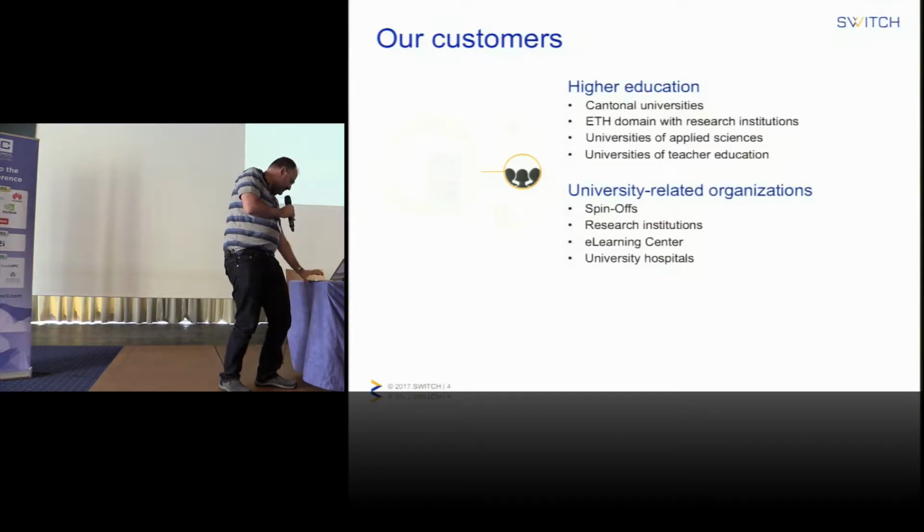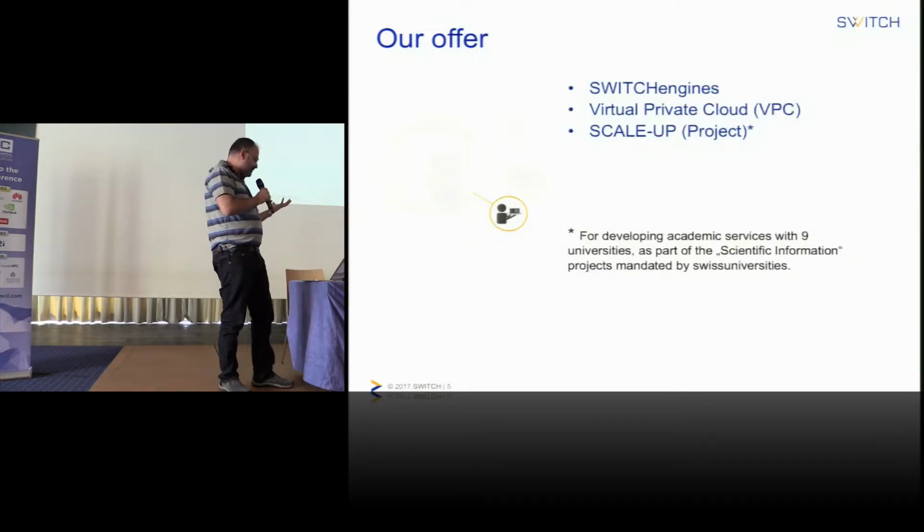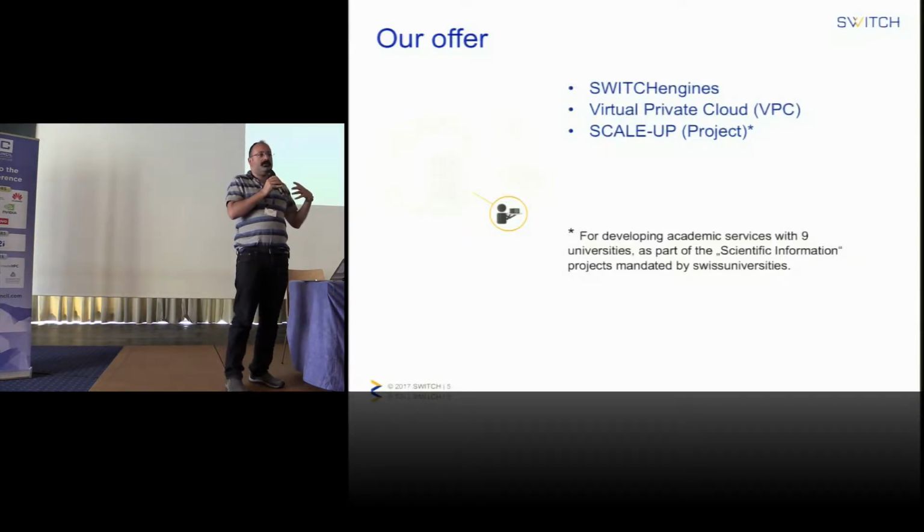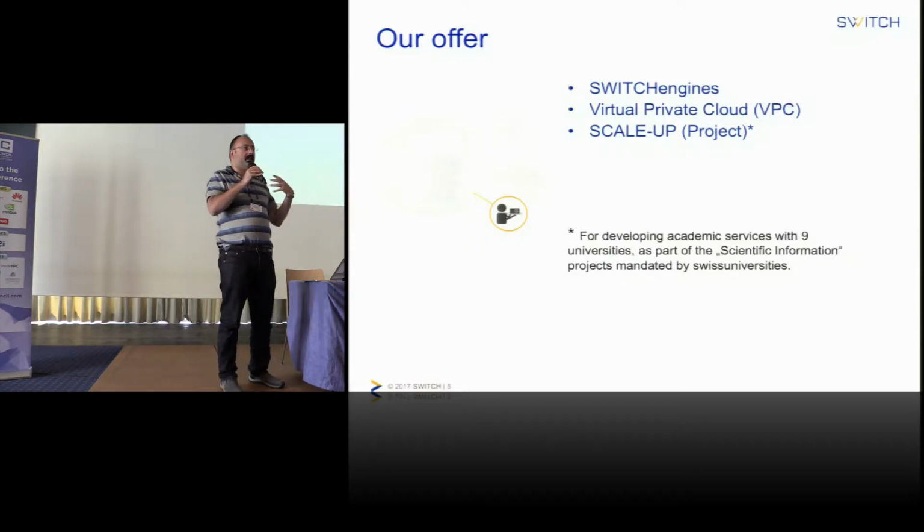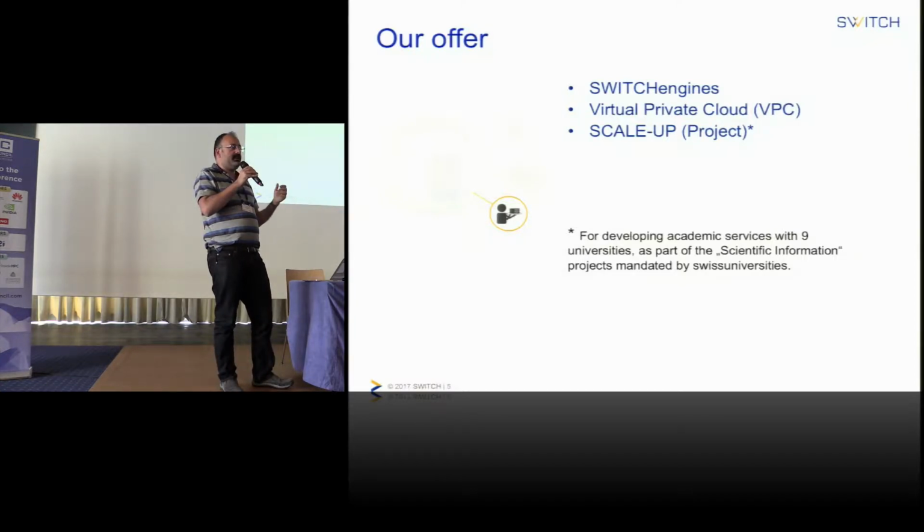You know the story. And what are we going to talk about today? SWITCHengines, our OpenStack cloud, is going to offer a virtual private cloud service. This means that you are going to be able to log into our platform and start a VM, and the VM will appear as if it is in your campus network. So this will enable faster integration with your existing services, because you can just add VMs to what virtually is your campus network.